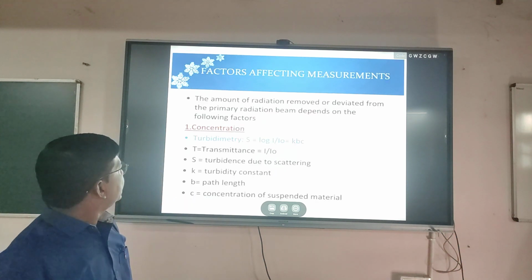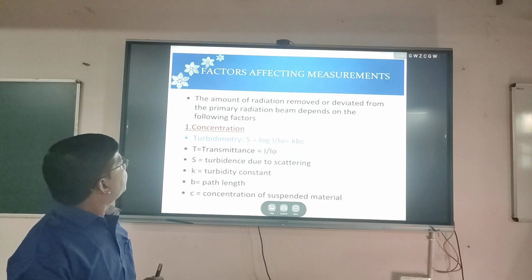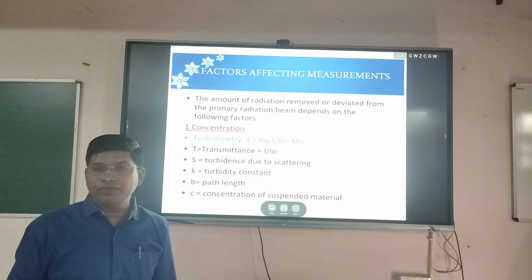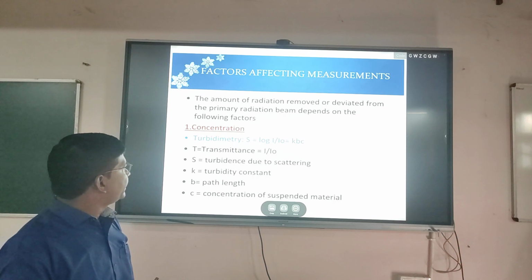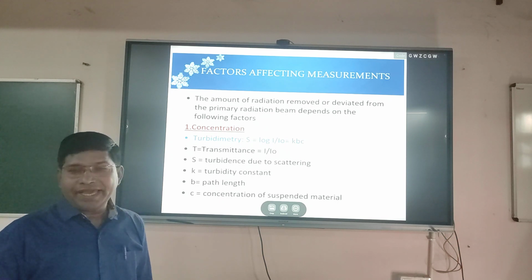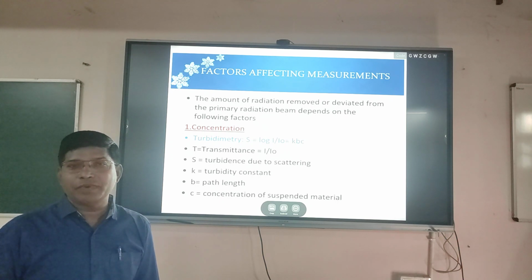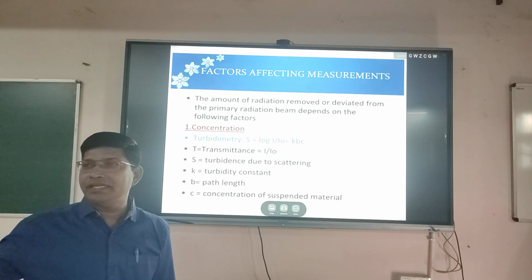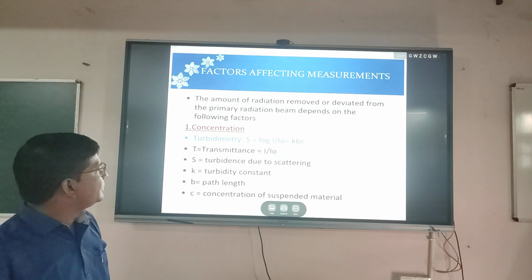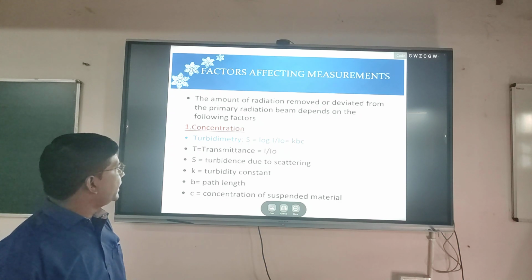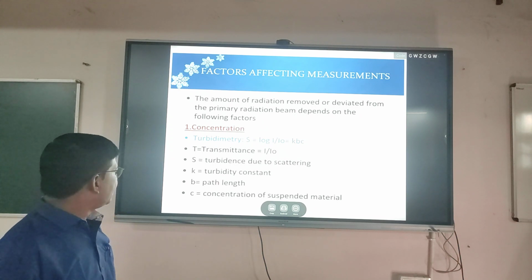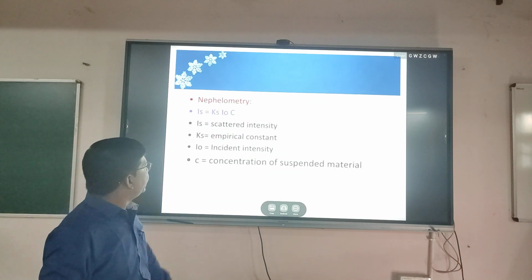Then here are the factors affecting the measurement. Generally, if you want to measure turbidimetry, S is equal to log I by I0, just as in the UV-visible spectrophotometer, A is equal to epsilon CL in colorimetry or visible spectrometry. K is a constant, B is the path length, and C is the concentration of suspended particles.